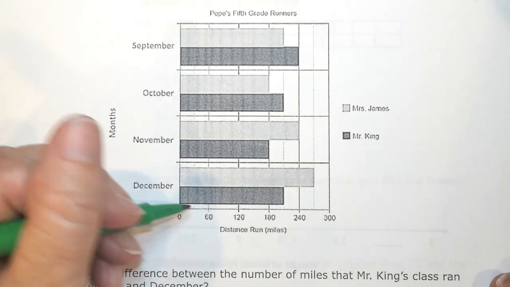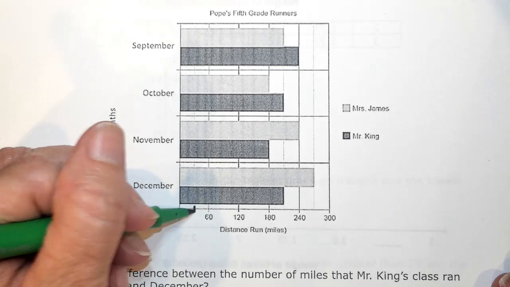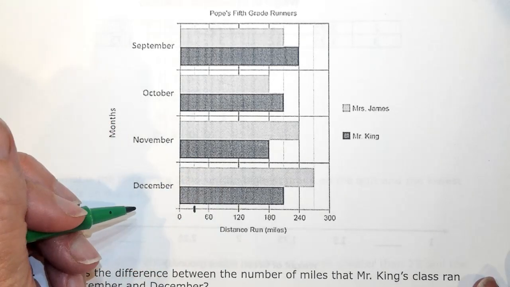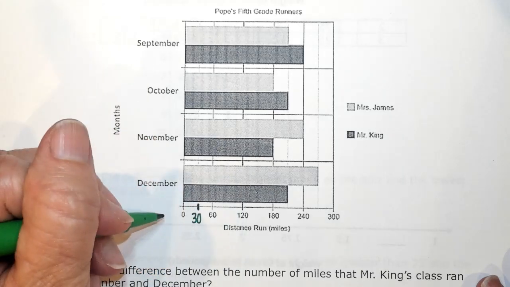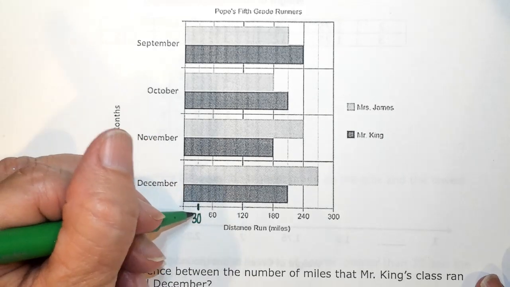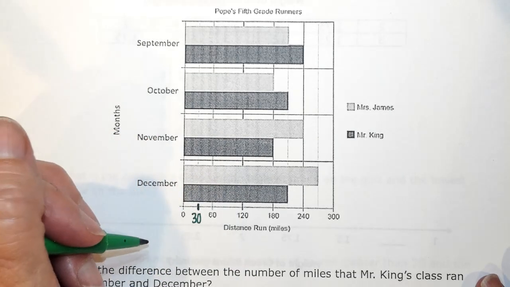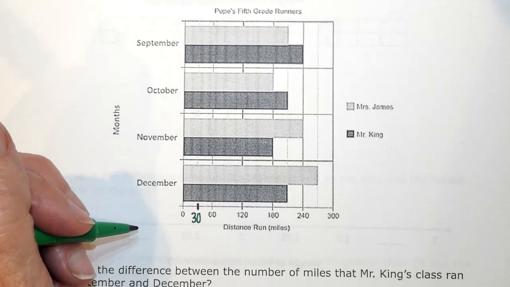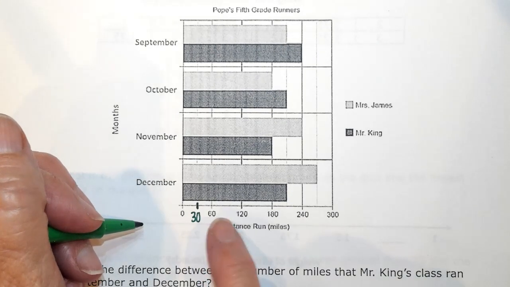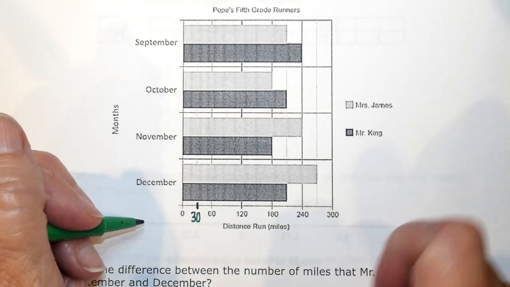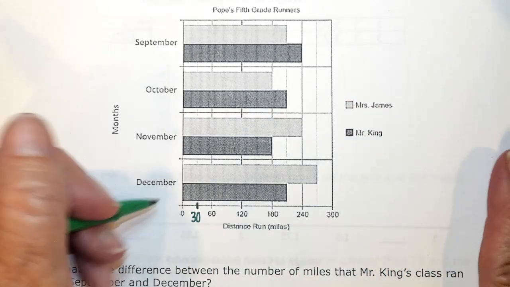So when I think about a number that could be between 0 and 60, I think about the number 30. So it looks to me like the intervals in between the numbers are 30 more than the previous number. So if I'm at 60 and I go 30 more, that would be 70, 80, 90.